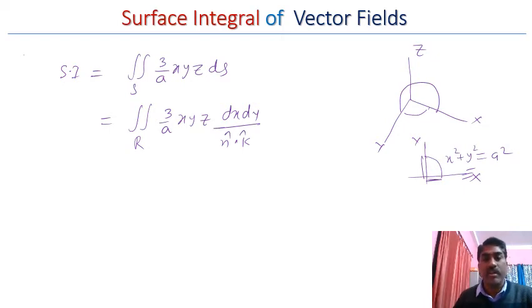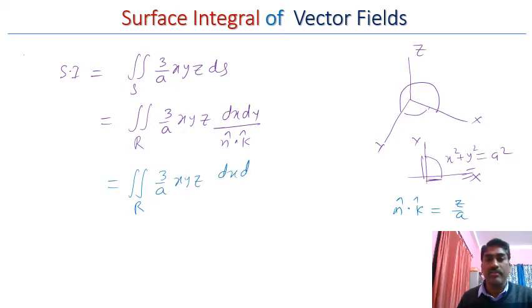We have already obtained n, and we know k. So what is n dot k? You can go back to the video and see that n dot k becomes z by a. So write this value of n dot k here, and we get, over the region on the xy plane, 3 by a xyz dx dy divided by z by a.